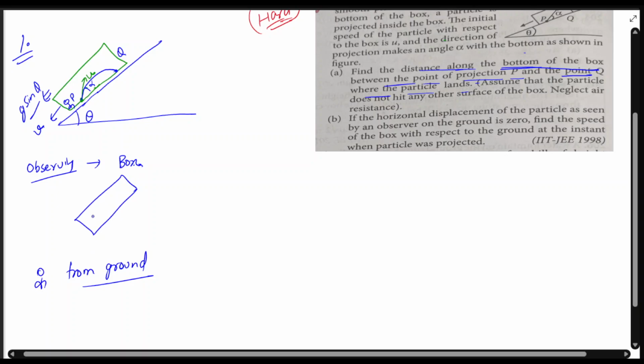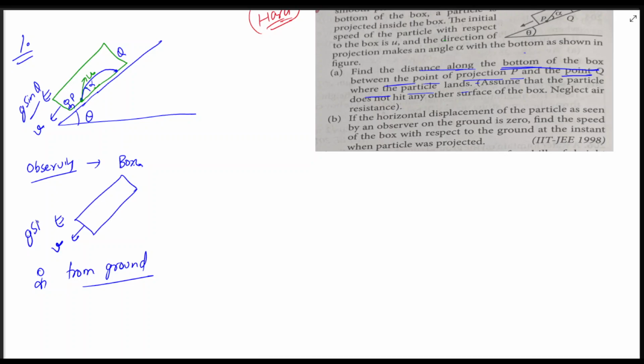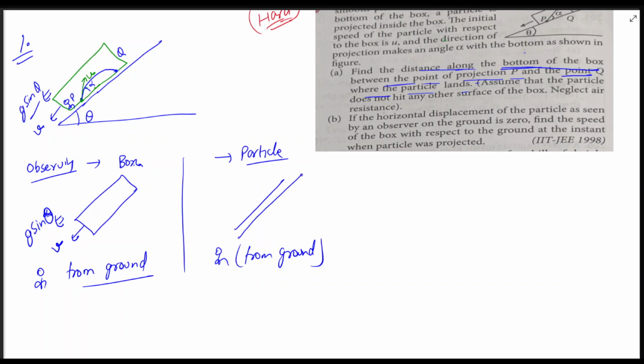Now what we'll see is this box has an initial velocity v and an acceleration g sine theta, because this is theta. So it will have an acceleration g sine theta here, only this. Now, when I start to observe the particle from outside, from the ground, what we will see is this is the base of the box, this is our inclined plane. So the particle is here, going with u at an angle alpha with respect to the box.